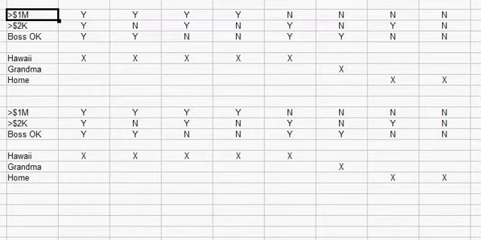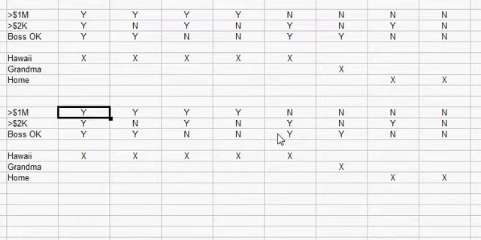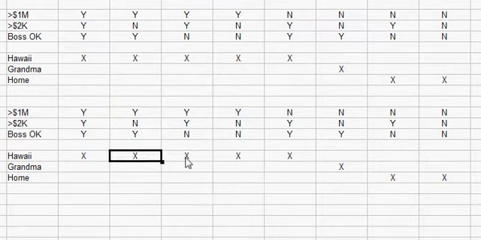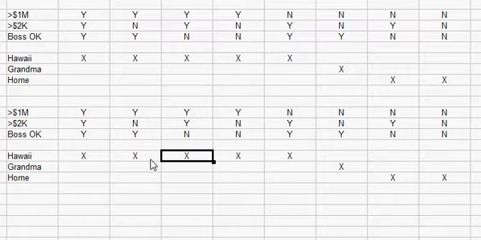We could still say the same here, but if we just look at these four columns, they all have the same outcome of going to Hawaii. Everybody see that? Because here, as long as we have over $1 million, we're going to Hawaii.